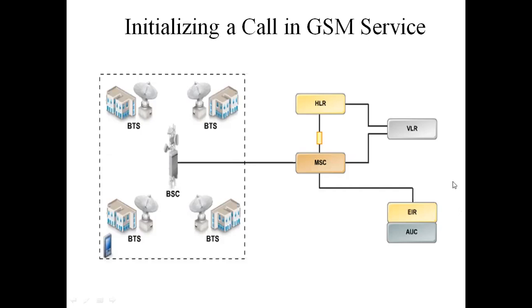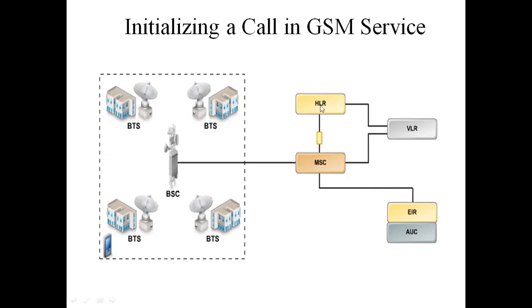So if the cell phone is in its home area, then the mobile switching center or MSC gets all the necessary information from the HLR. Or if it is not in its home area, then the VLR gets the information from the corresponding HLR via this MSC, right?